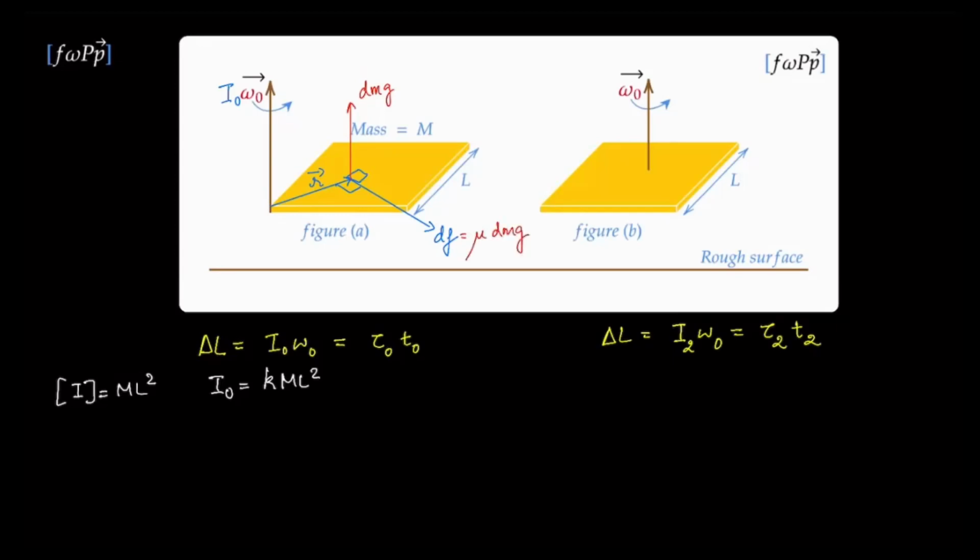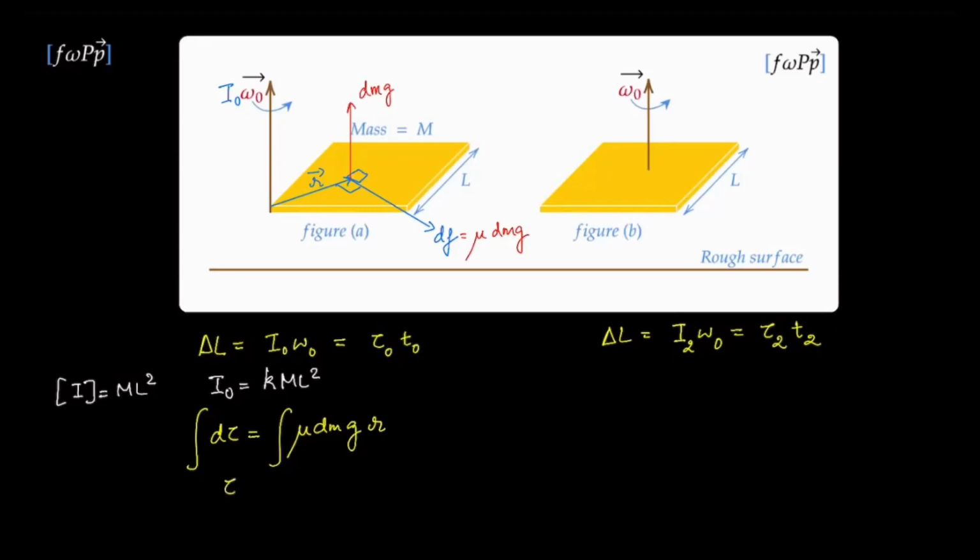Now this frictional force is tangential out there. The small amount of torque it's going to provide is the force, which is mu times dm into g, into the perpendicular distance from the axis. So we would need to integrate this to figure out the torque. But that's not what we're going to do because we just need the ratios.